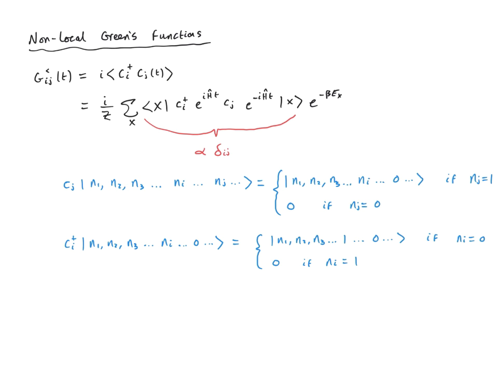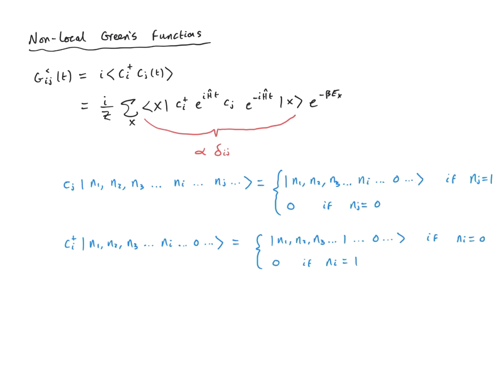We see that this will give exactly 0 if n j is equal to 0. That's because we're trying to annihilate something in orbital j, and if there's nothing there, then this will give 0. On the other hand, if n j is equal to 1, then I can annihilate the electron in that orbital, and I would obtain this ket.